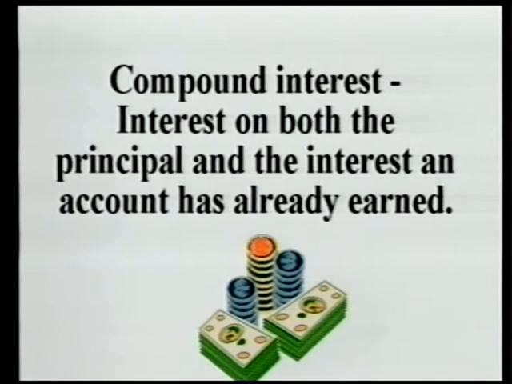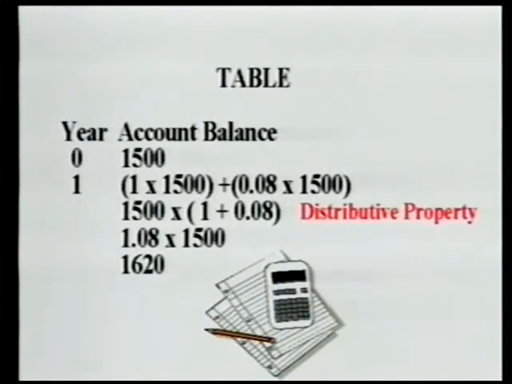If you'll notice in the table we have now, we have at 0 years our initial investment of $1,500. And then we've got the property of 1 being used in the first year for 1 times $1,500 plus our interest for the first year, 0.08 equaling 8% times 1,500.